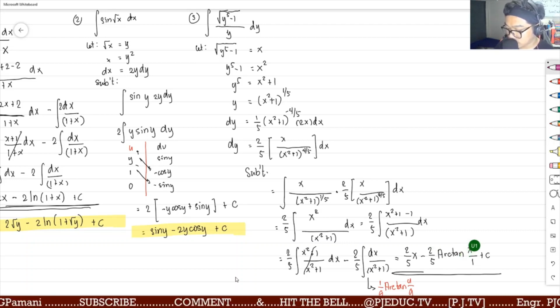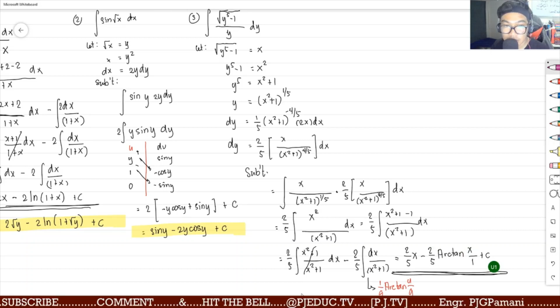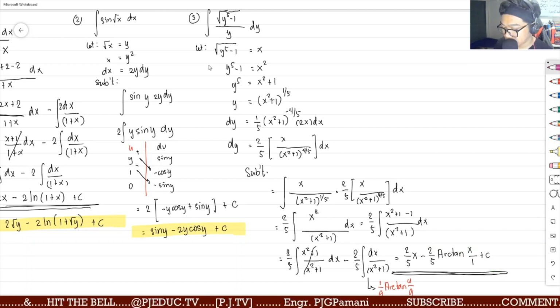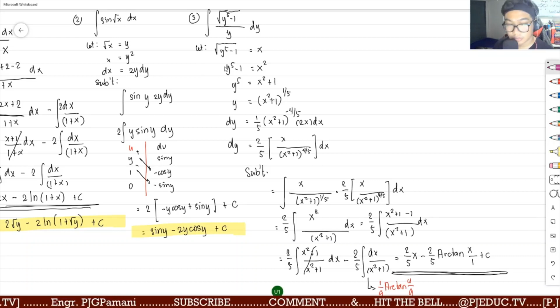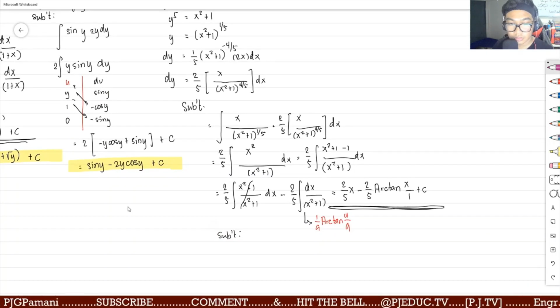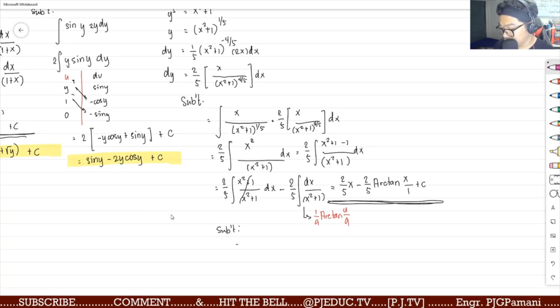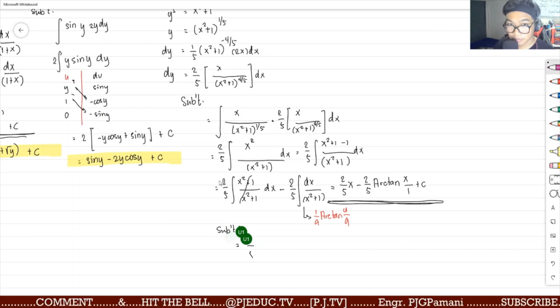But note, that is not yet our final answer. Kailangan nating i-substitute yung ating original terms. So simply by substituting again from our original terms, 2/5 x is simply what?